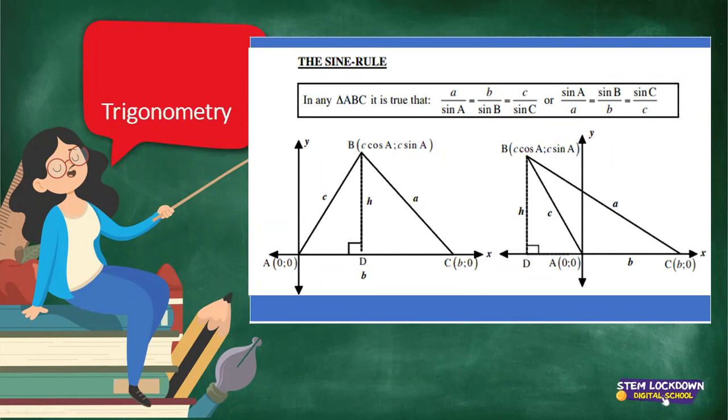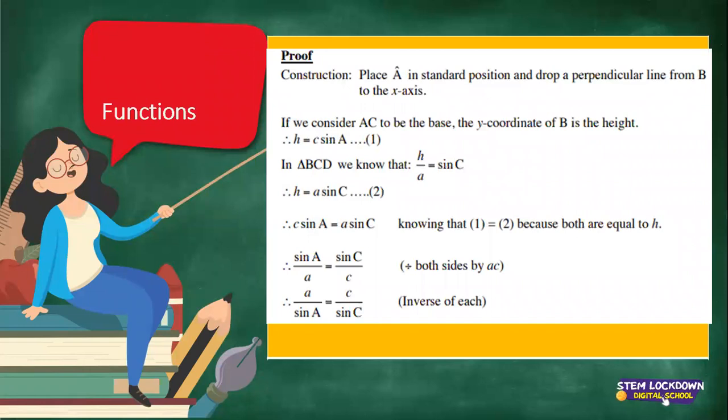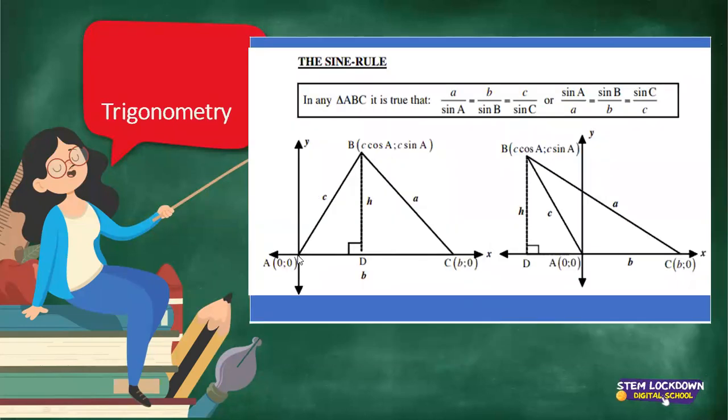So now let's label our triangle. This is your point A, point B, and point C, with angle A, angle B, and angle C of this triangle. So we are talking about triangle ABC.